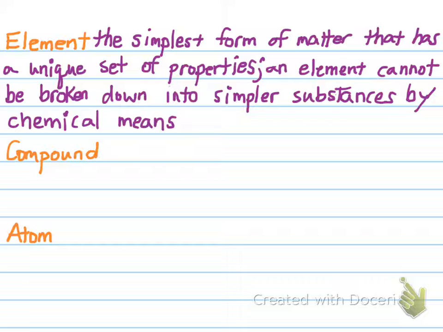So basically what we're saying is that the element is the smallest piece that something can be. We can't break it down into smaller pieces.